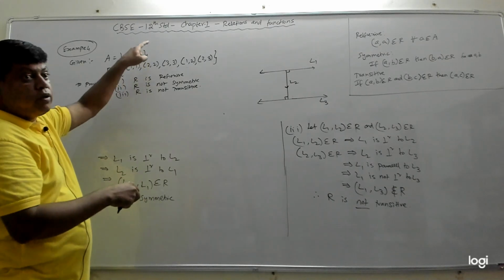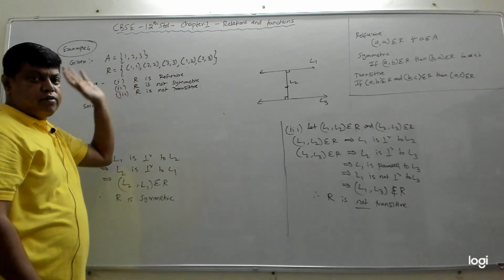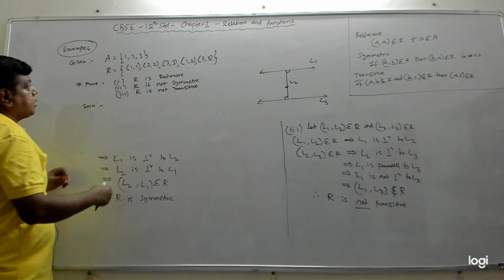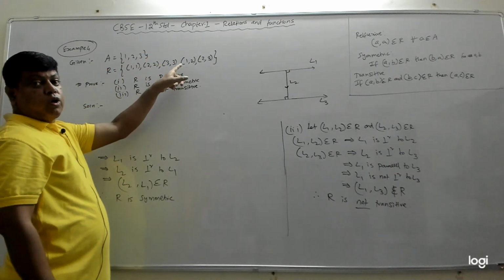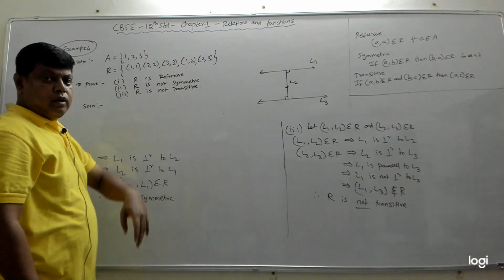Suppose A has 4, then (4,4) also should be there. Here A does not have 4, but if in case there was a 4 here, then we should have (4,4) also. Then only it will be reflexive.